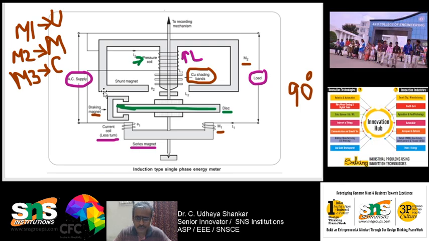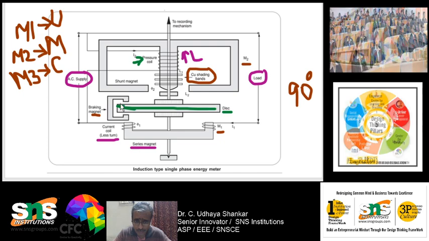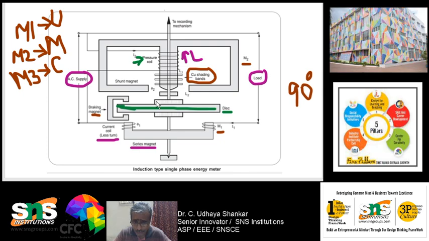What is the use of this braking magnet? It is used to make this aluminum disc rotate quite slowly. If it rotates very fast, this aluminum disc may be damaged at a very fast rate. By adjusting this braking magnet, I can bring it very close to the aluminum disc, or I can move it away.